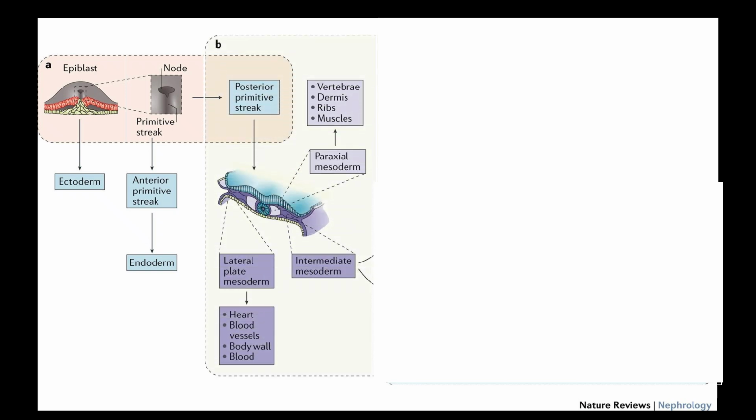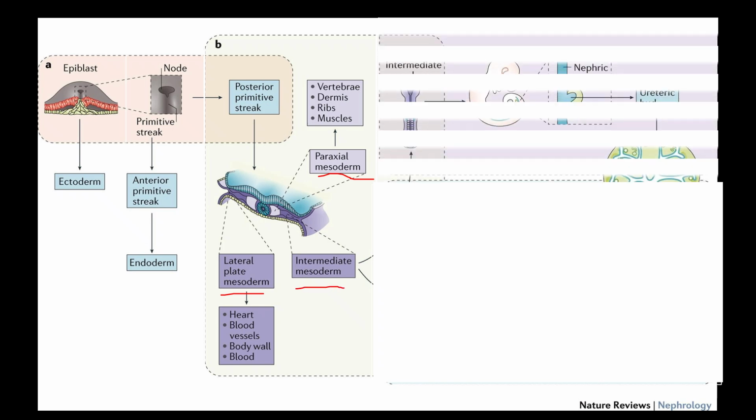As we watched in previous videos, you have the epiblast, and in the epiblast you have the primitive streak, a transient structure that allows you to divide the midline, the anterior, and the posterior in mammal and chick embryos. From here you can see the different structures of the mesoderm. We already talked about the paraxial. We briefly talked about the lateral.